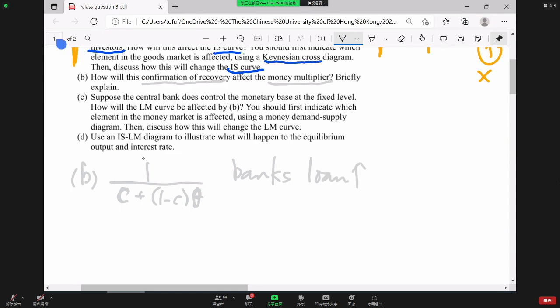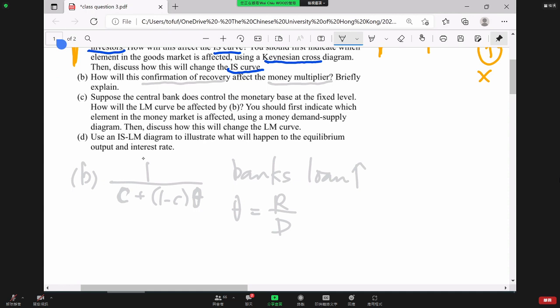And this is exactly concerned with the theta, the reserve ratio. The reserve ratio, as we have introduced in the past, both the central bank and the banker may have influence on. If you still remember what we discussed as the class question in the last topic, financial market, the central bank is controlling the bottom line. The bank has to at least hold a certain percentage of reserve. But beyond that, the banker can hold more.